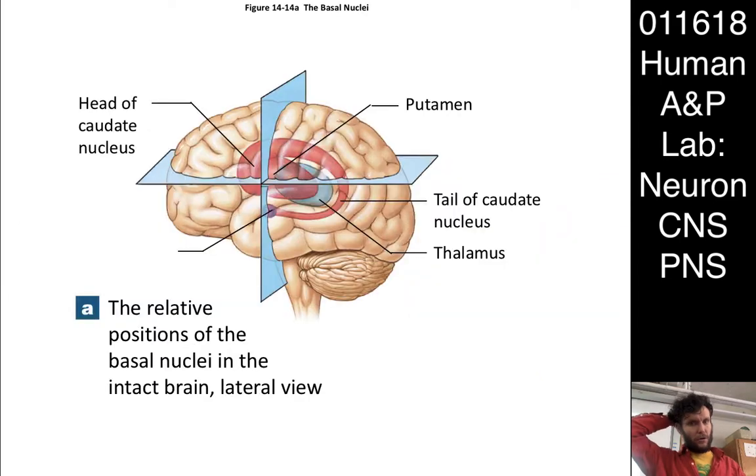Okay, so here is a picture of the basal nuclei, and I'm showing you these two planes because the next two slides are going to be these cuts. You're going to see these cuts in these slides. The basal nuclei are the caudate nucleus, the putamen, and then the thalamus is sitting beneath it. There's also this thing called the capsule, which is not labeled or not depicted.